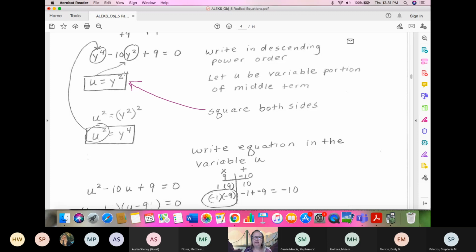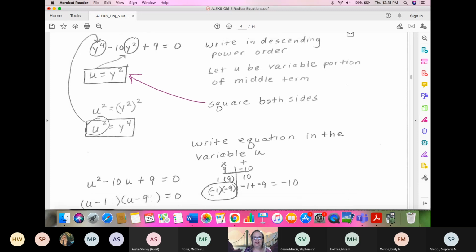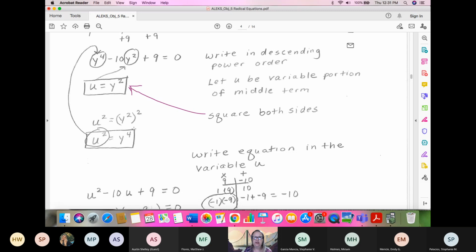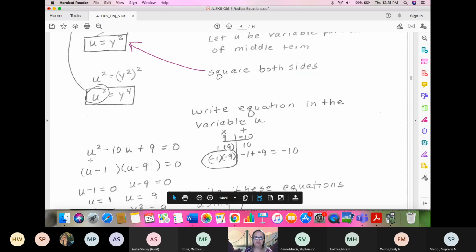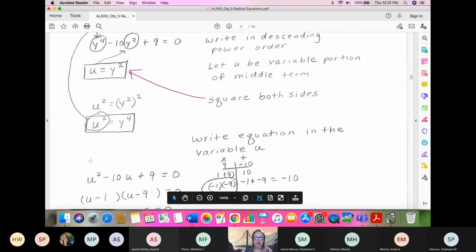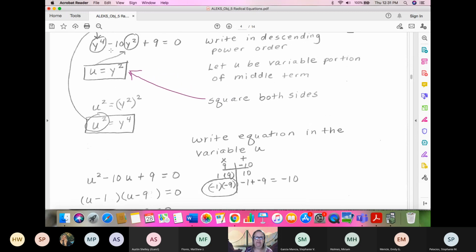And I boxed these in like this so I would know what to use when I get down here. So now we're going to convert. This y to the 4th is equal to u squared. So we're going to take out this y to the 4th and put u squared in its place because they are equal. And then we have minus 10.